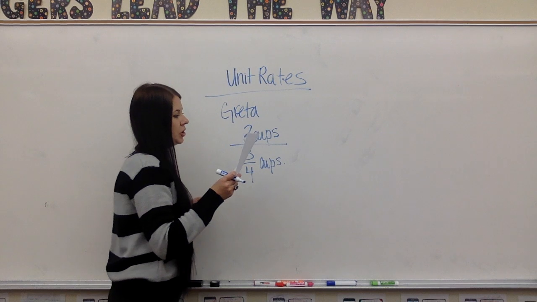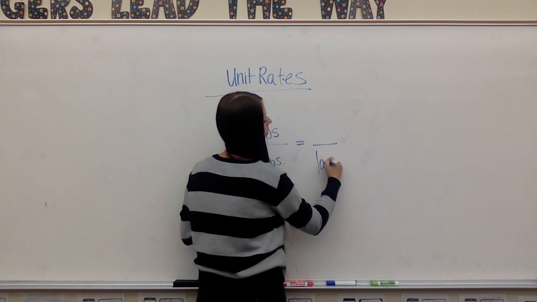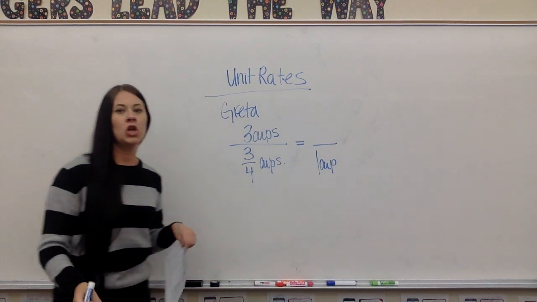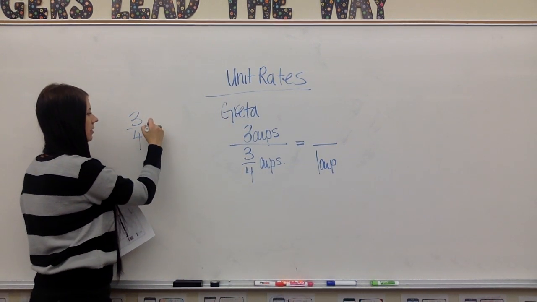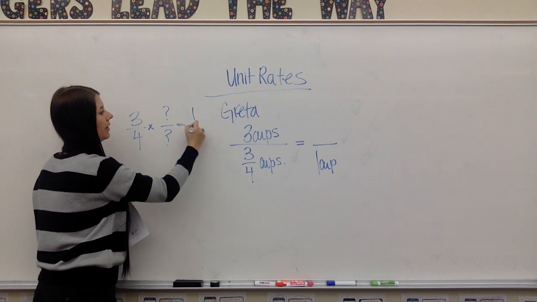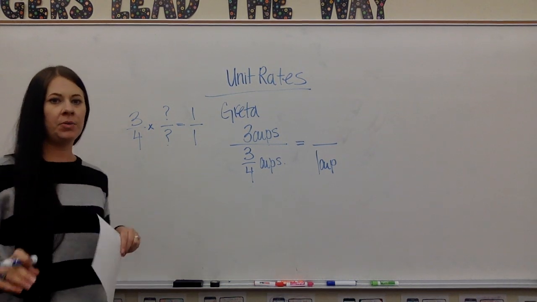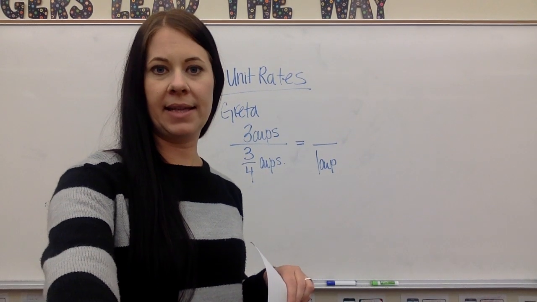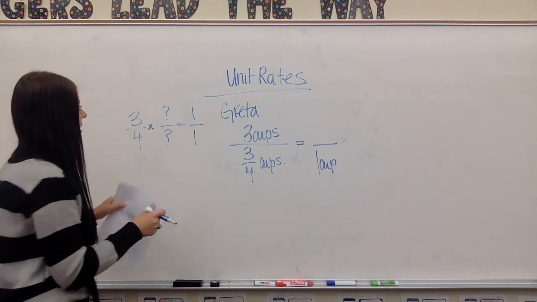So we want to know the unit rate, which means you are trying to make this a 1. Okay, so what did you multiply 3/4 by to get 1/1? Okay, and that's the math that you're really doing, is what are you multiplying by to get the 1? And once you make that decision, then you multiply the top by that same number.